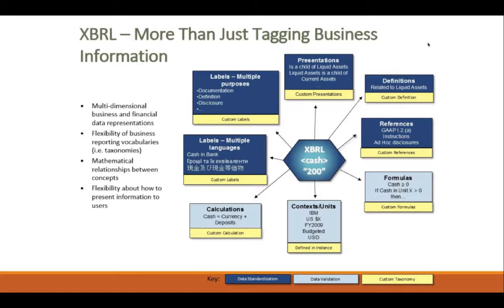So usually it has multi-dimension purposes, and it can reveal the mathematical relationship, and it's very flexible for business reporting, because those who want to use XBRL to do their internal reports can even add their own tags or add their own vocabularies to those XBRL taxonomies to show whatever they want in the audit report, in the business report.